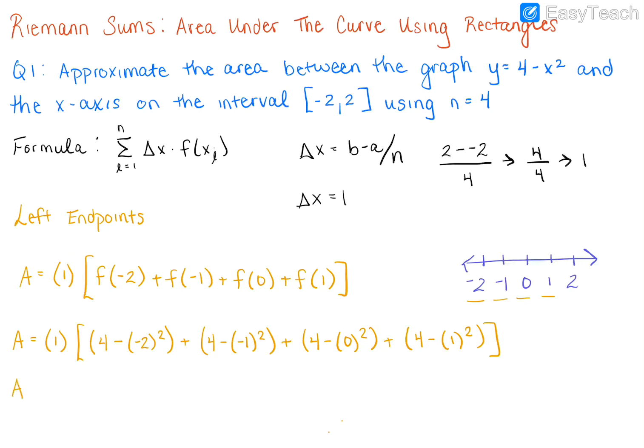So what that's going to come out to is 1 times 0 plus 3 plus 4 plus 3. So area in this case is equal to 1 times 10, so area is equal to 10 for our left endpoints.